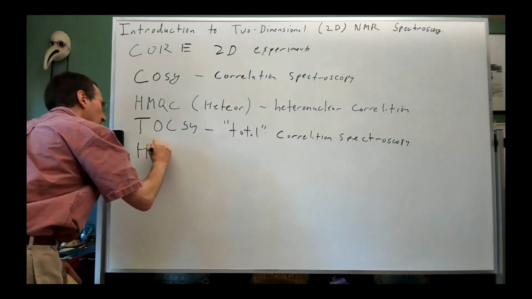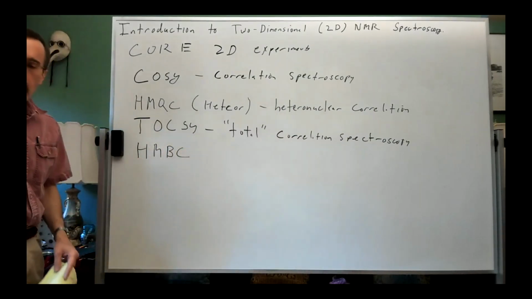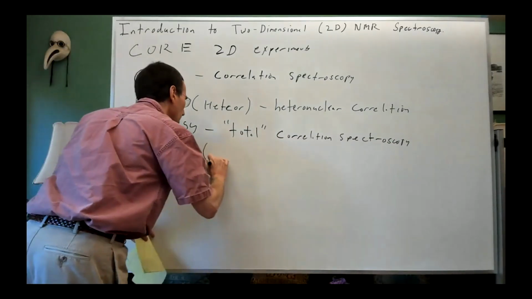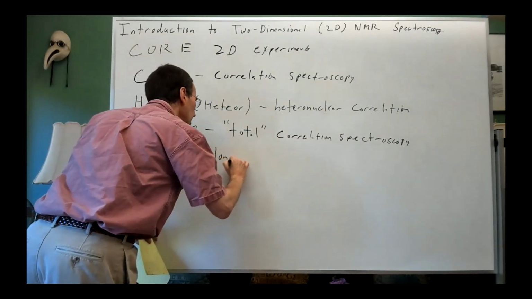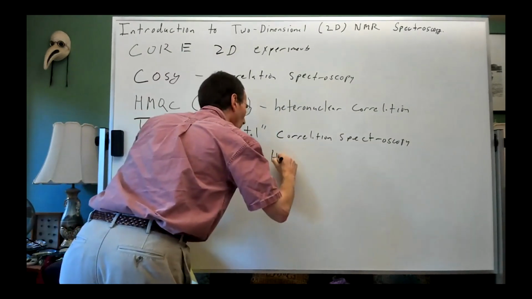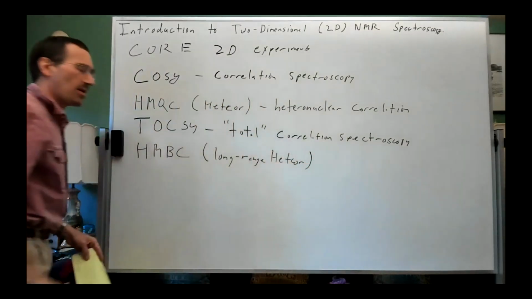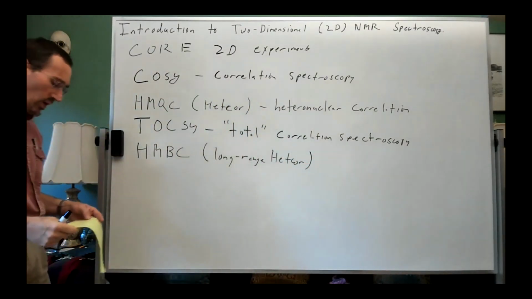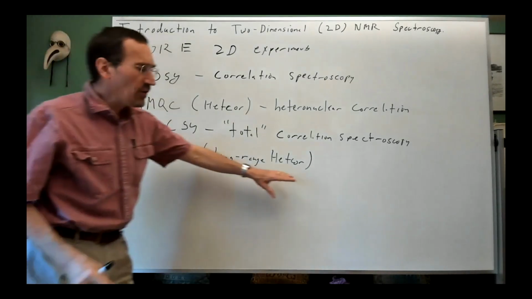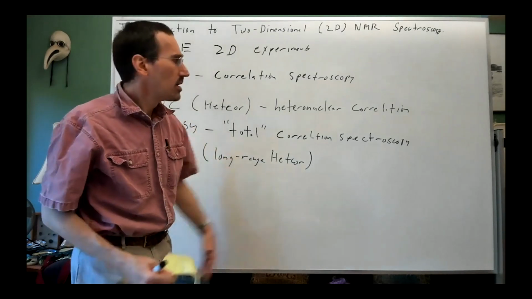Another experiment that's very useful is called HMBC, or heteronuclear multiple bond correlation. We'll call it a long range HETCOR. Again, HETCOR is the older version of the experiment that's carbon detected and one that's more difficult to do. Very useful for putting the pieces together.